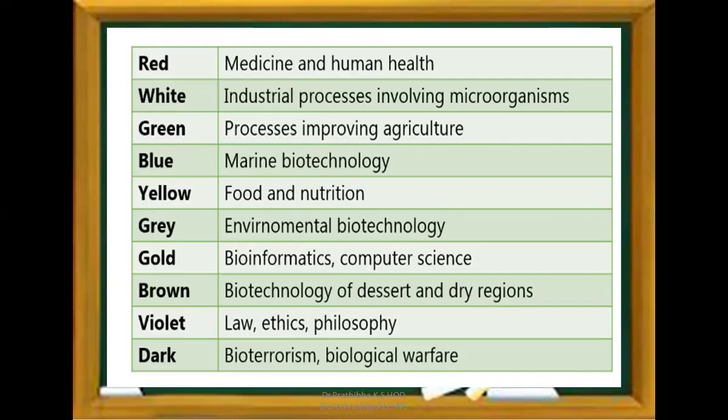Apart from this, you can also keep in mind environmental biotechnology, which addresses mainly environmental issues and promotes sustainability. This environmental biotechnology focuses mainly on bioremediation. In bioremediation, what are we doing here? We are using microorganisms to clean up pollutants in soil and water.